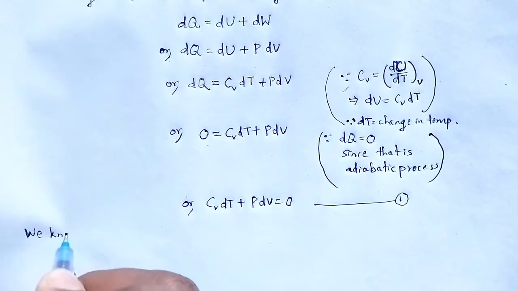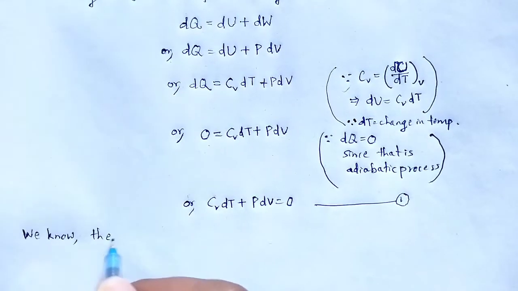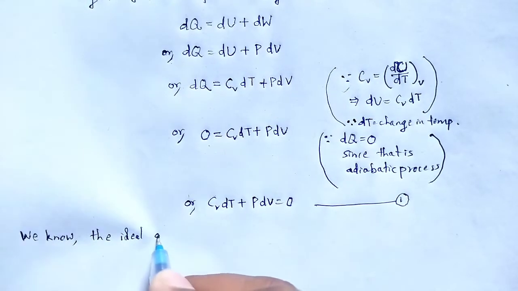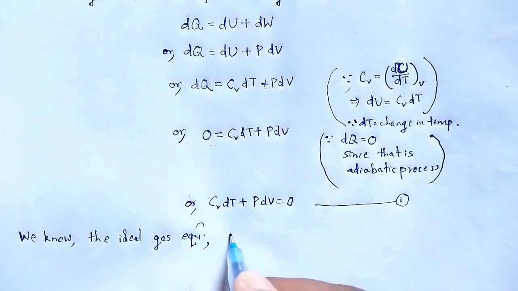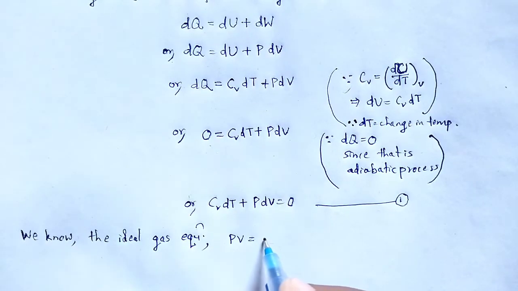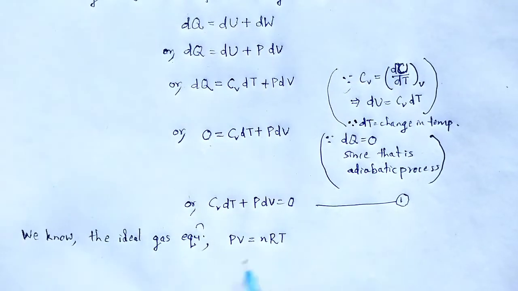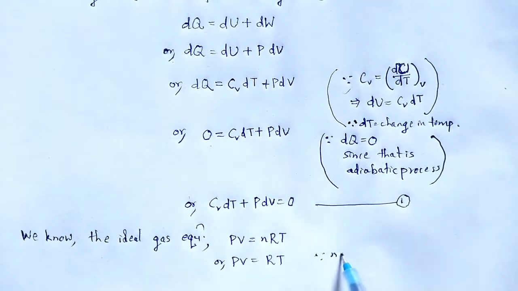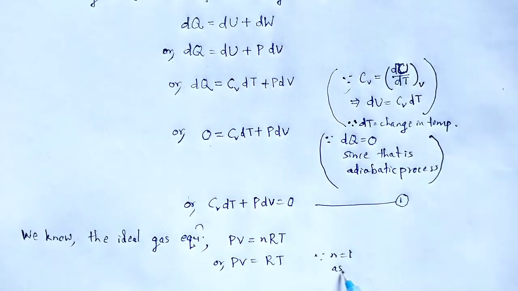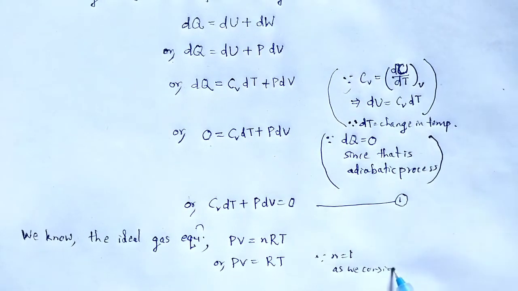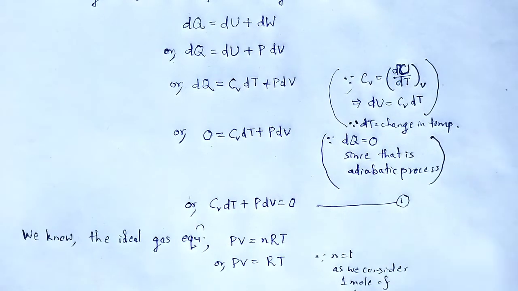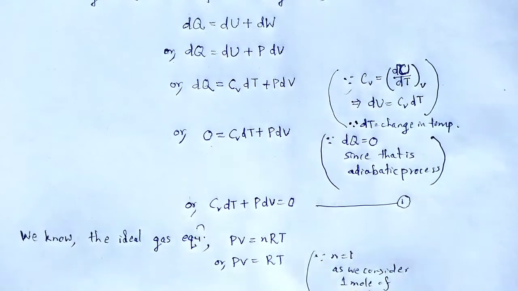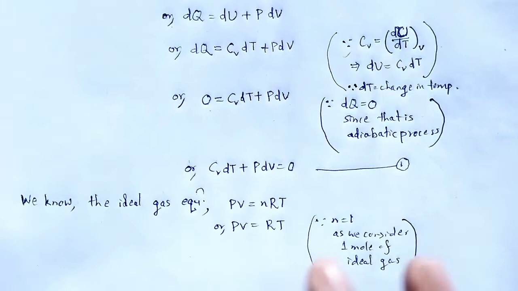We know the ideal gas equation, that is PV is equal to nRT, or PV is equal to RT, where n is equal to 1, as we consider 1 mole of ideal gas. That's why the value of n will be 1.